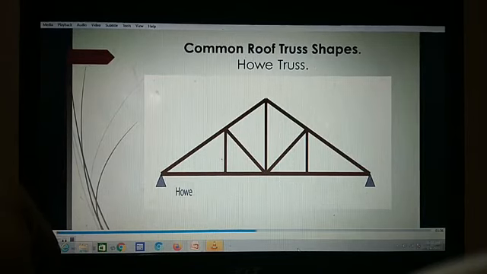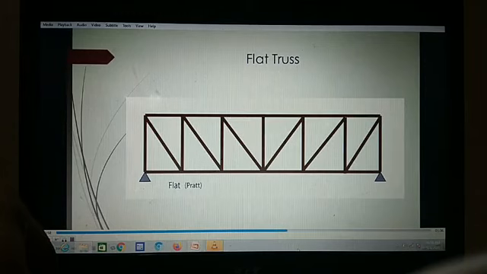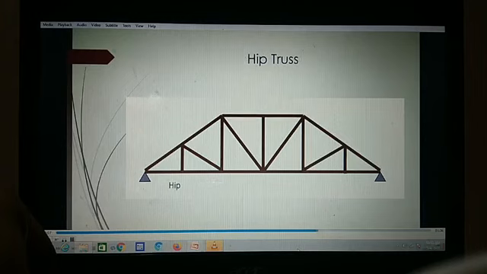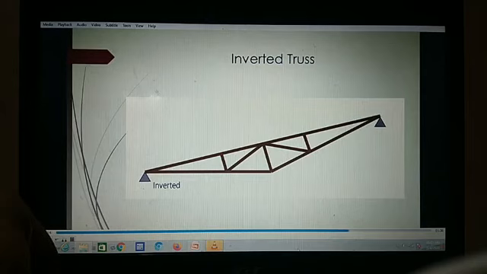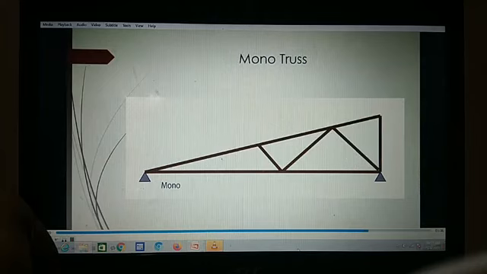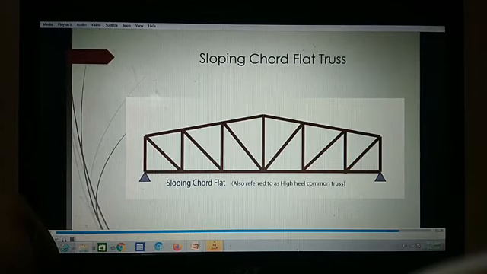Shapes: howe truss, fink truss, flat truss, gap rail truss, hip truss, house scissors truss, inverted truss, king post truss, mono truss, scissors mono truss, sloping quad flat truss.